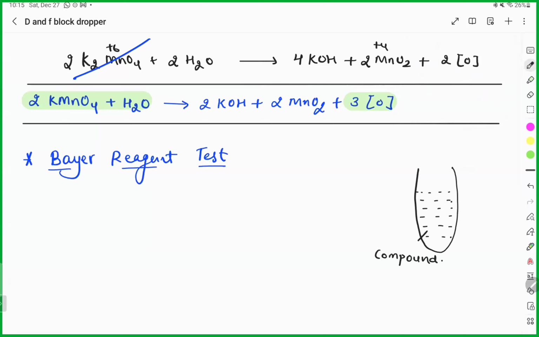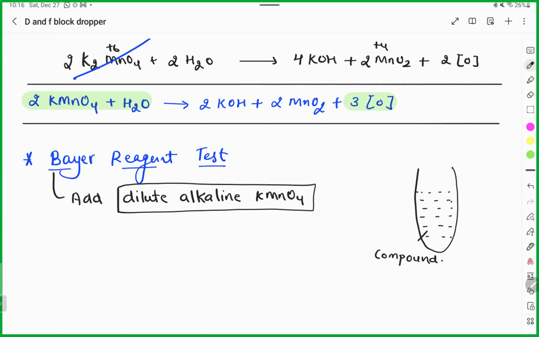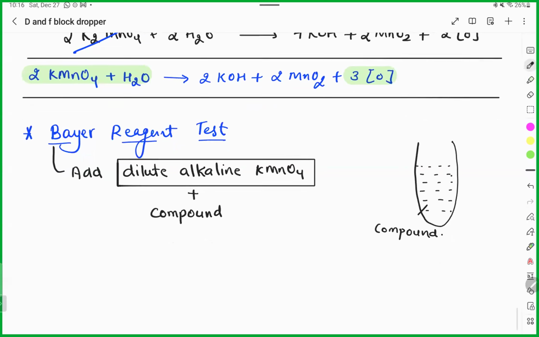So what will happen? You will add dilute alkaline KMnO4. If this dilute alkaline KMnO4 reacts with the compound, and we don't know the formula or anything, we just want to know the nature of the compound.